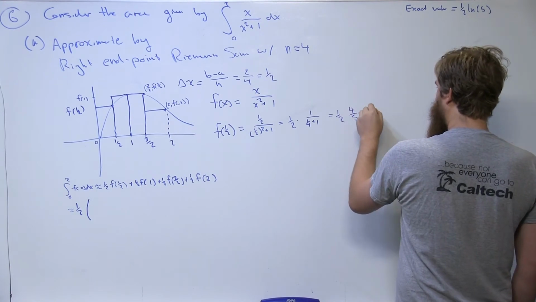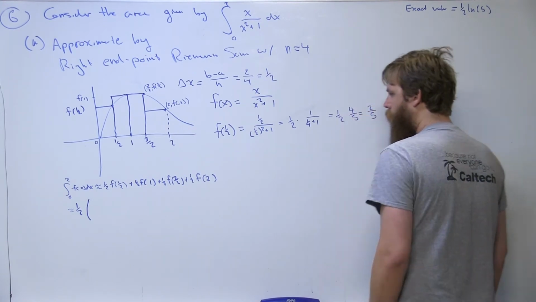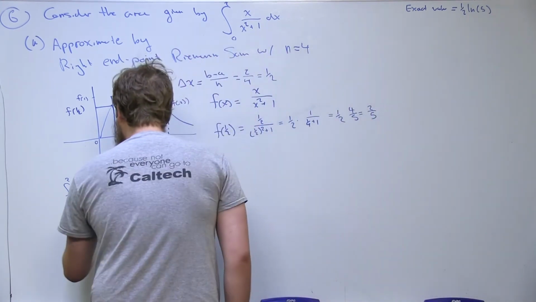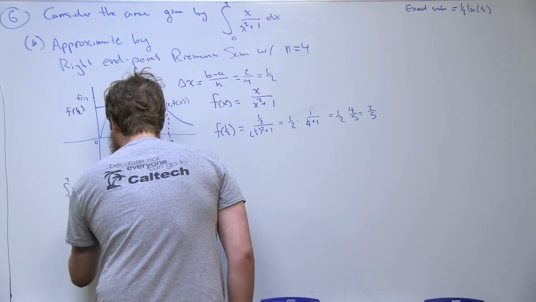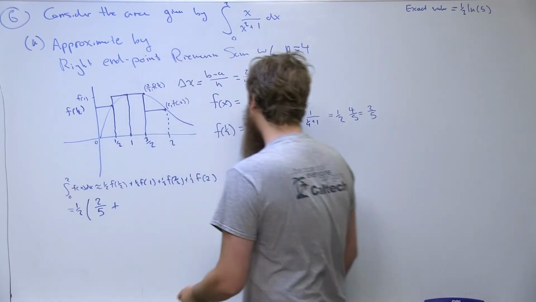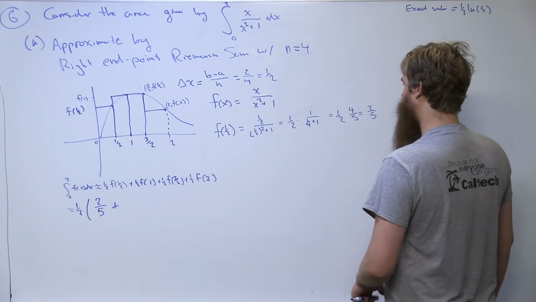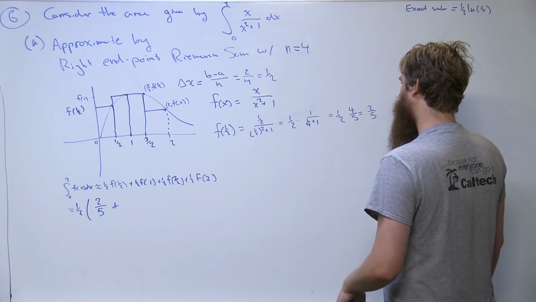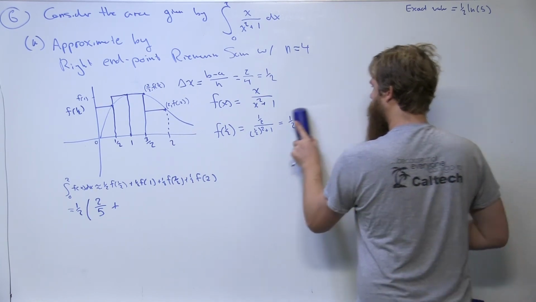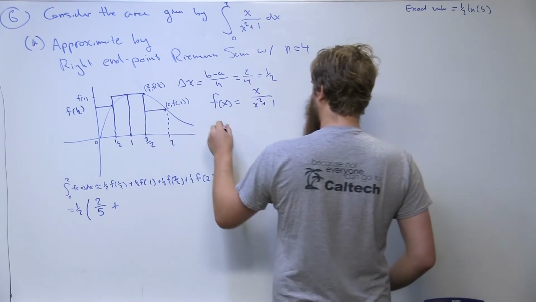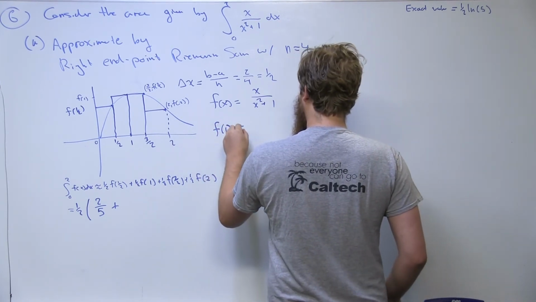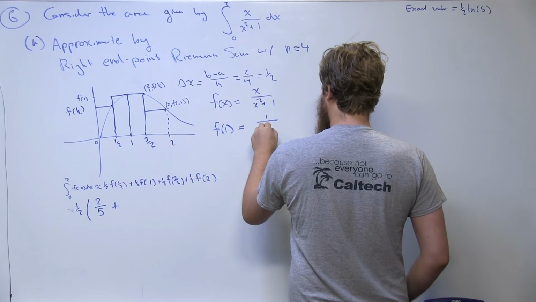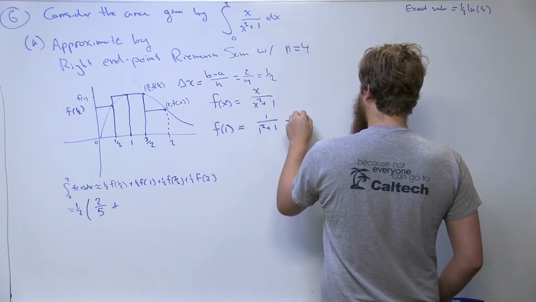Simplifying, I get 2/5. Okay, so this first piece here, f of 1/2, is 2/5. Next I'll compute f of 1. That's 1 over 1 squared plus 1, which is just 1/2.